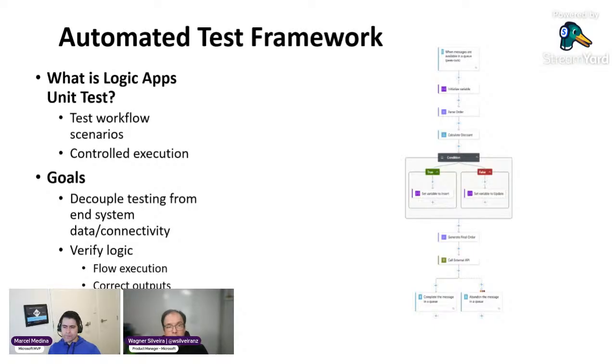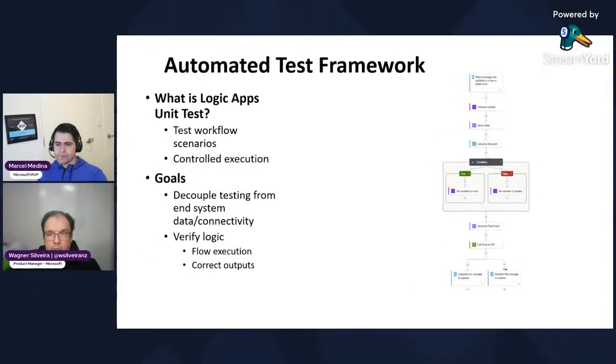What is verified and what is tested in this case is actually the logic of the workflow. It checks whether the flow execution is the one we expected after you pass in that data, and whether the calculations or outputs done inside of the logic app are done correctly.